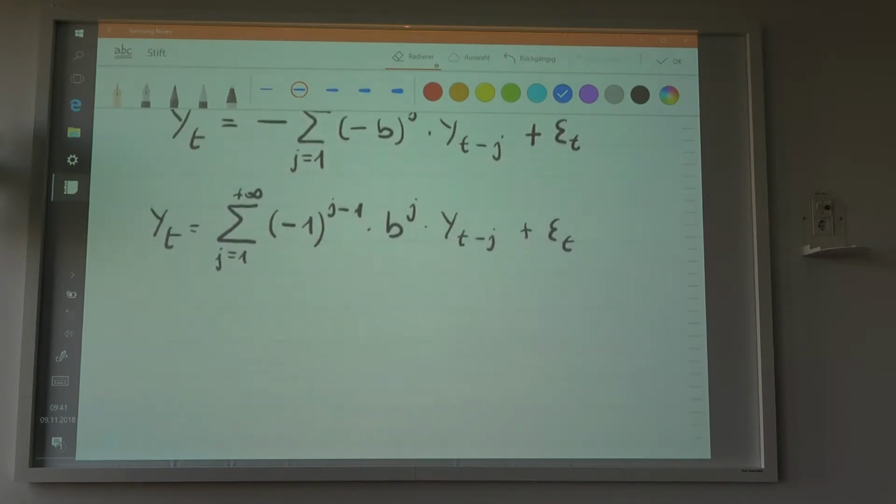Now what you see here is an autoregressive process of order plus infinity, because here you have the coefficients of the process. This is an autoregressive process of order infinity, and of course it is stationary.